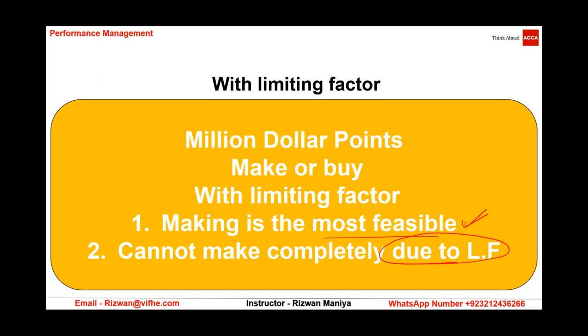Making is the only option you have, but you cannot make. Now the situation has changed. Understand? Now the situation changed. And what is that? Now you cannot make because of limiting factor. You wish to produce both in-house, but you cannot. So the mindset has changed.